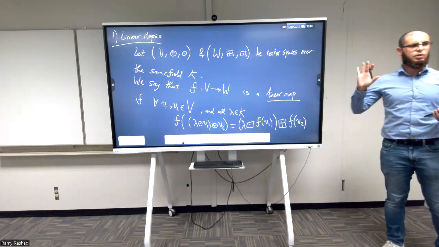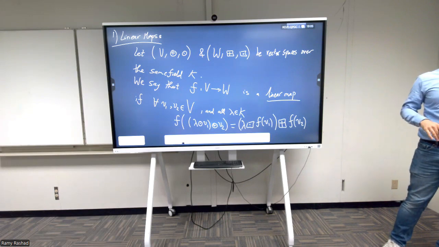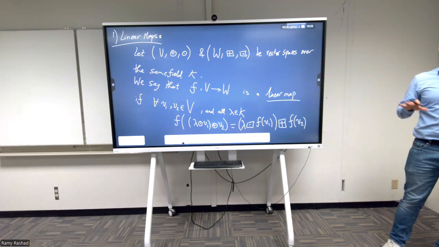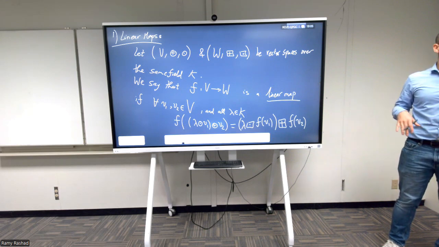Take a look at it because it's very, very annoyingly written. It's a lot. If you try to read it once, it will be clear. And it's also familiar. You've all seen it somewhere before.